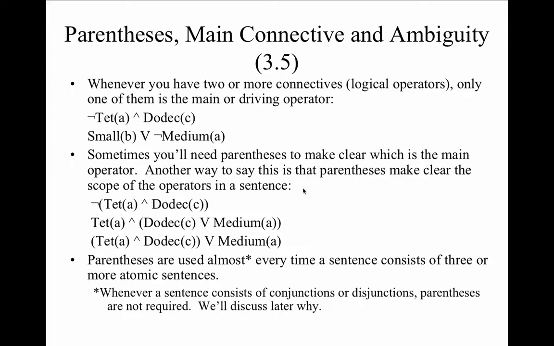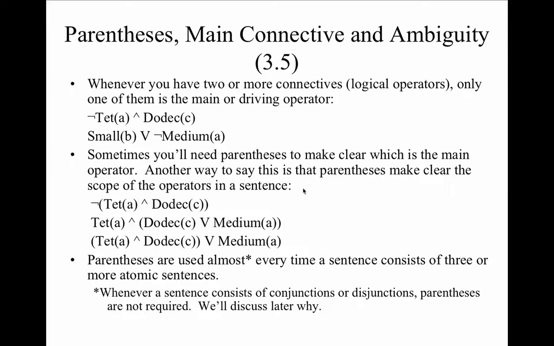We also understand in a rudimentary way where and how we place our operators when we're translating. So for example, we know that the negation always goes to the left of whatever sentence is being negated. We also know that the conjunction and the disjunction are sandwiched in between sentences. In other words, there are always sentences on either side of these connectives.